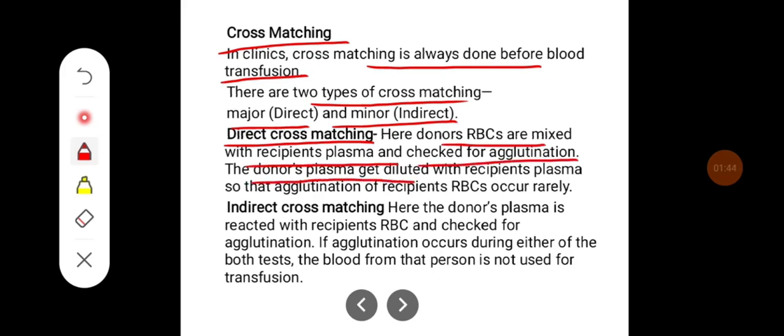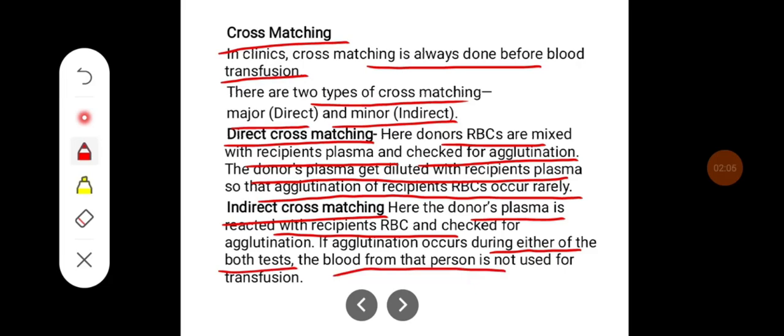The donor's plasma gets diluted with the recipient's plasma so that agglutination of the recipient's RBCs occurs rarely. And in indirect cross-matching, the donor's plasma is reacted with the recipient's RBCs and checked for agglutination. If agglutination occurs in either or both of the tests, the blood from that person is not used for transfusion.